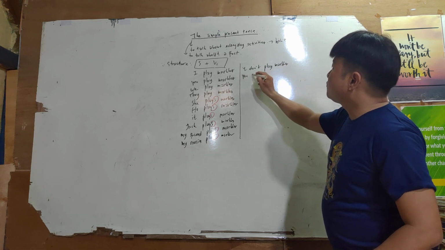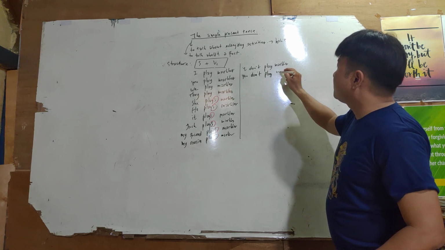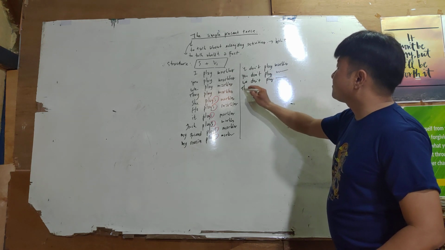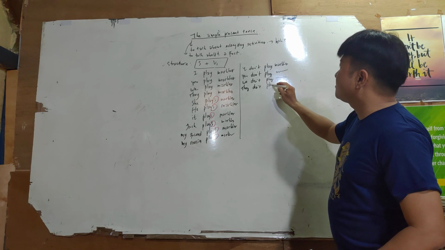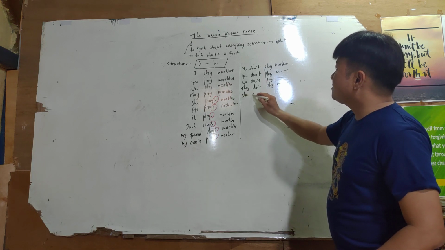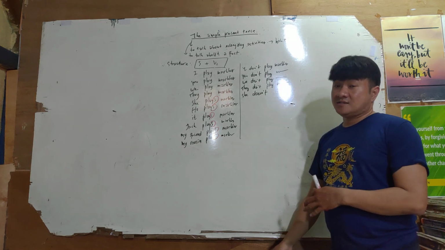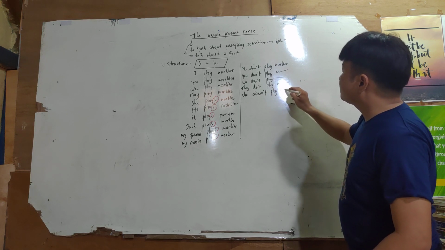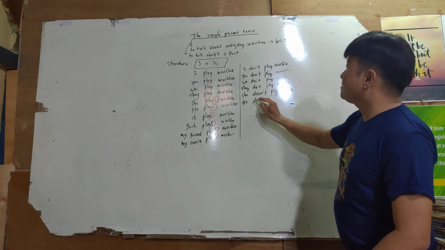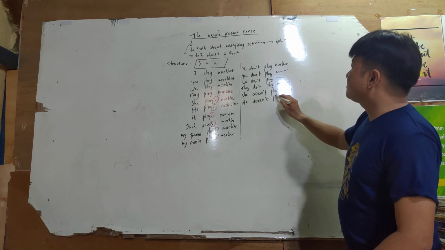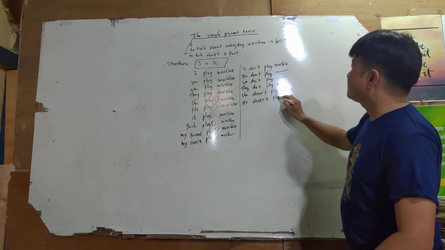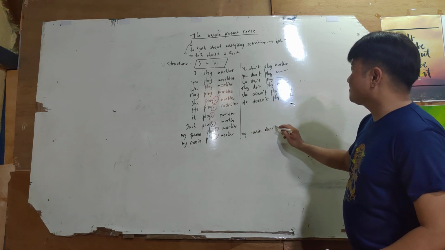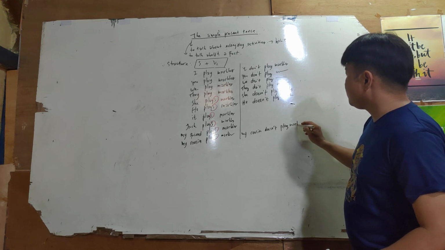Okay, and then also you don't play marbles, we don't play marbles, they don't play marbles, she doesn't play marbles, he doesn't play marbles. Okay, my cousin doesn't play marbles.